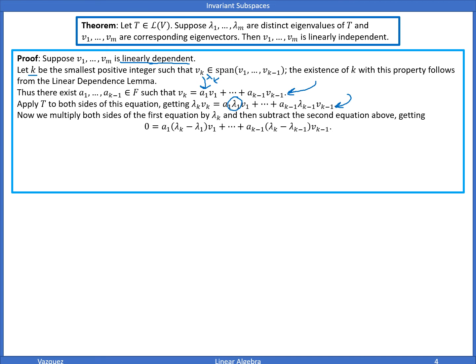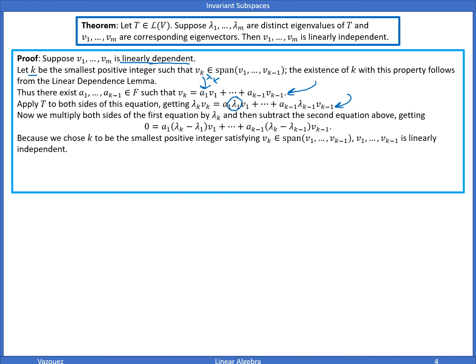And we get that 0 is equal to this linear combination. And now remember, we chose k to be the smallest positive integer satisfying that it would be in the span of that list, right? So we know that this list is linearly independent.